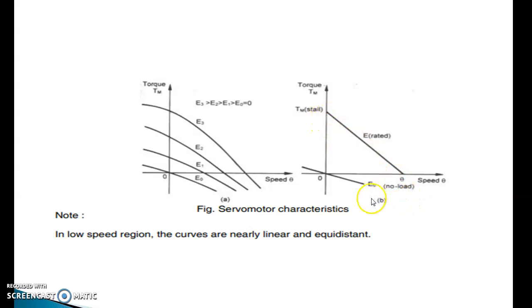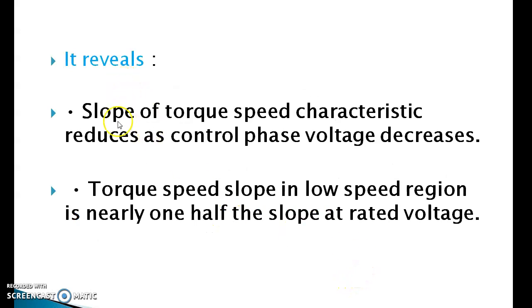Note that in the low speed region the curves are nearly linear and equidistant. The slope of the torque speed characteristics reduces as the control phase voltage decreases. The torque speed slope in the low speed region is nearly one half of the slope at rated voltage.